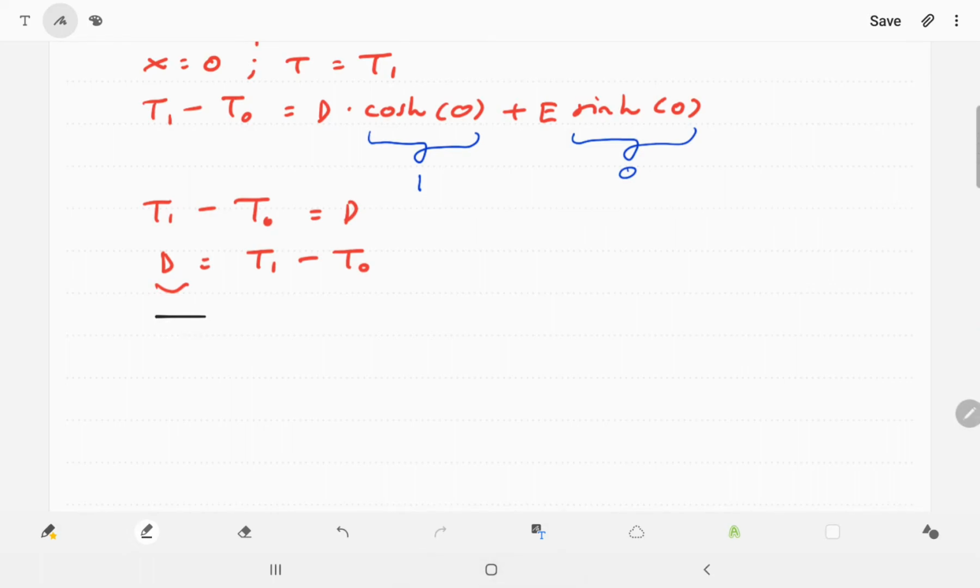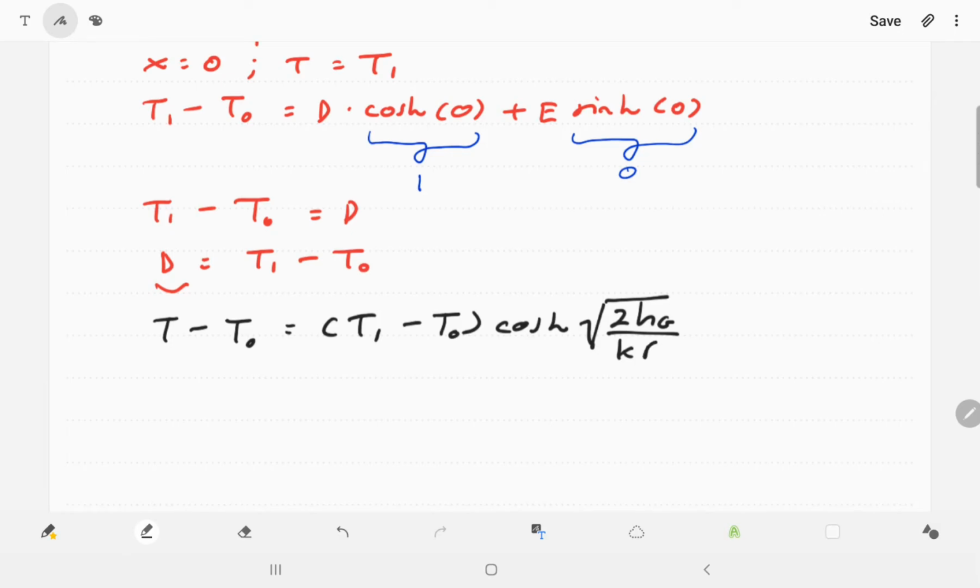So essentially we have T minus T naught is equal to T1 minus T naught cosh of root square of 2hgkr x, plus E, sorry, this one is not very clear, so I repeat again, plus E sinh of root square of 2hgkr x.